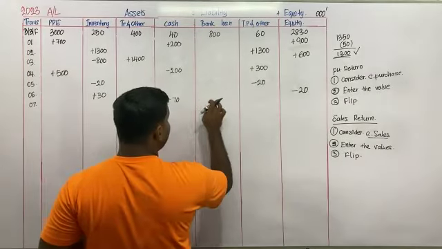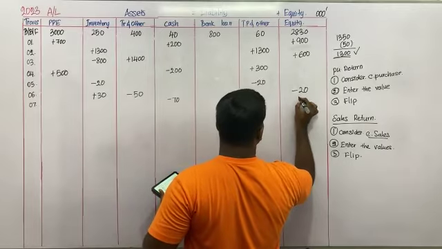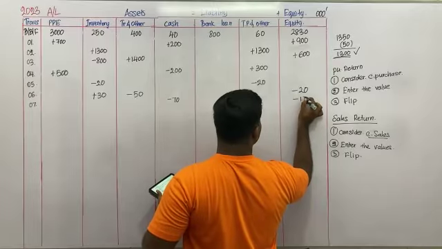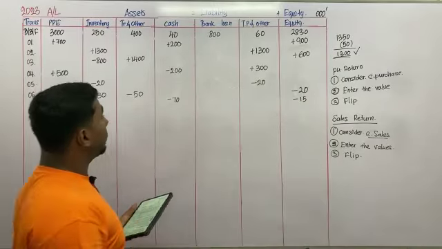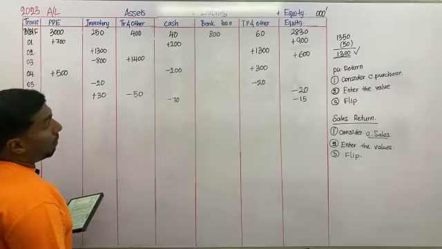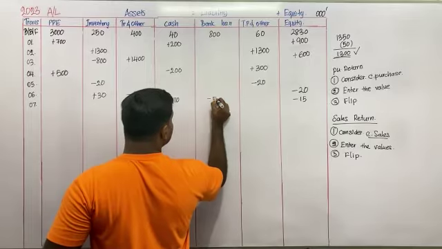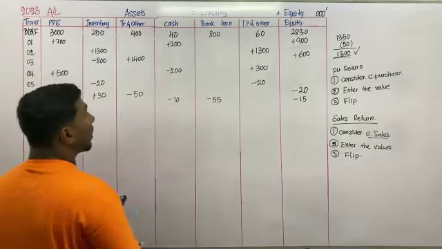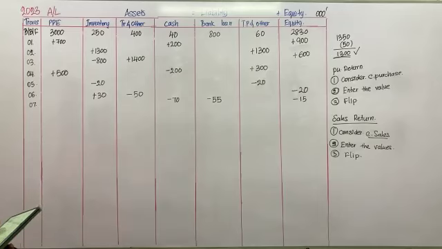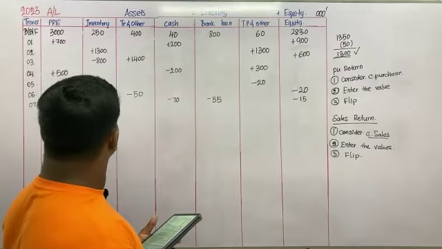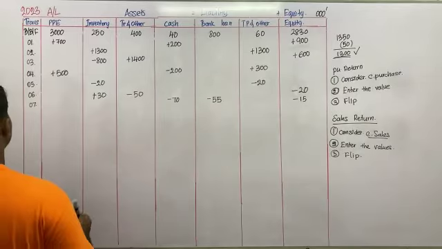You know, interest is an expense. So balance 55,000 will be the bank loan. So that is transaction number 7.